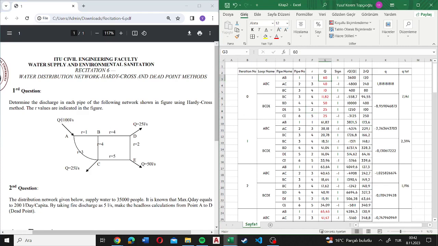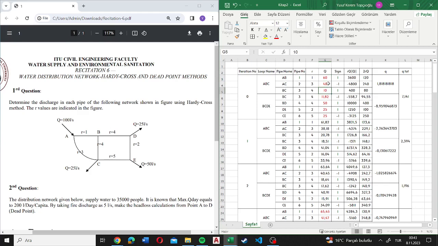We say the 100 comes from A, and the discharge separates into 60 for AB and 40 for AC. When the water comes to point B, it separates into 10 for BC and, 60 minus 10, 50 for BD.